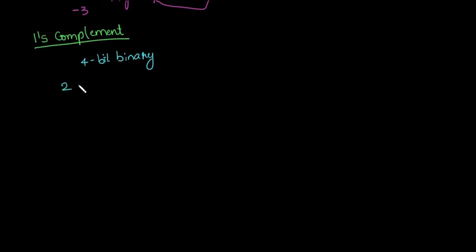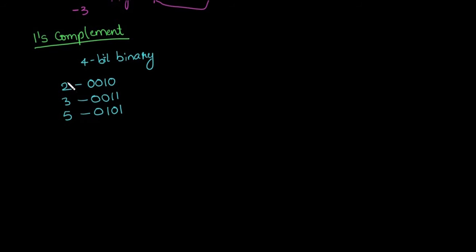For 2, we can represent it in a 4-bit binary number as 0 0 1 0. 3, we can represent as 0 0 1 1. 5 as 0 1 0 1. This is similar to what we have seen earlier. The positive numbers never change in any representation, they remain the same, and this 0 represents a positive number.